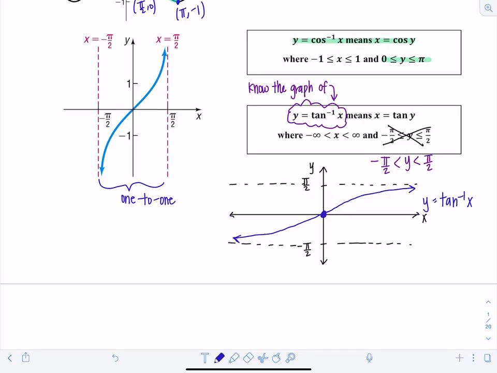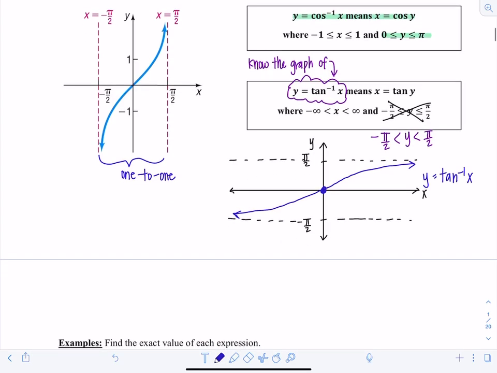And I know we talked about end behavior a few chapters ago with limits. So something that you'll see later on, here's a little sneak preview of next semester. You might be asked, what is the limit as x approaches infinity of tan inverse of x? So what are the y values approaching as x approaches positive infinity?